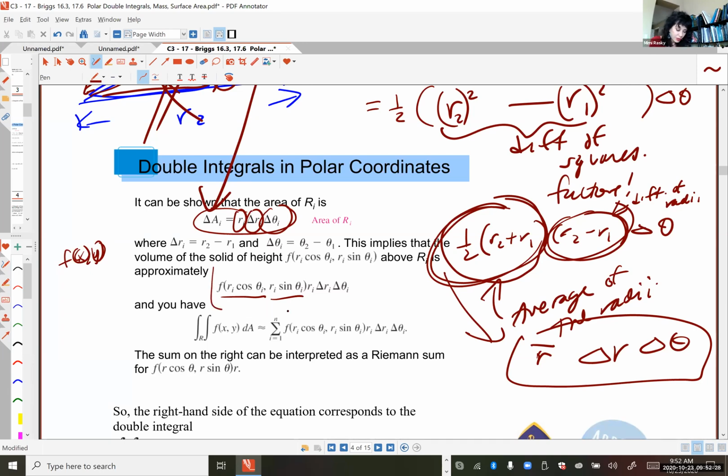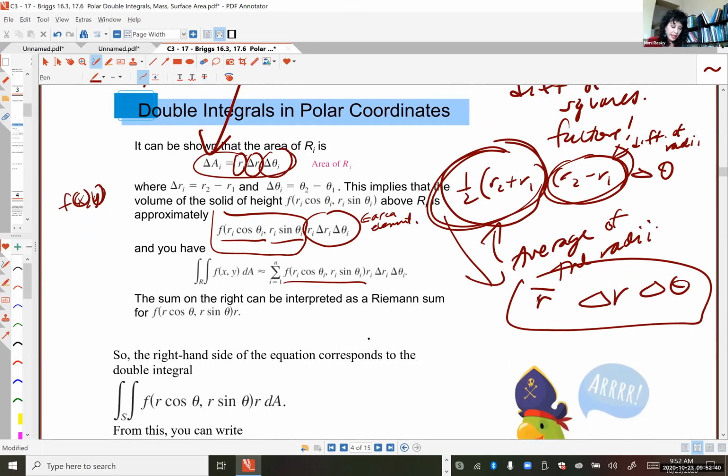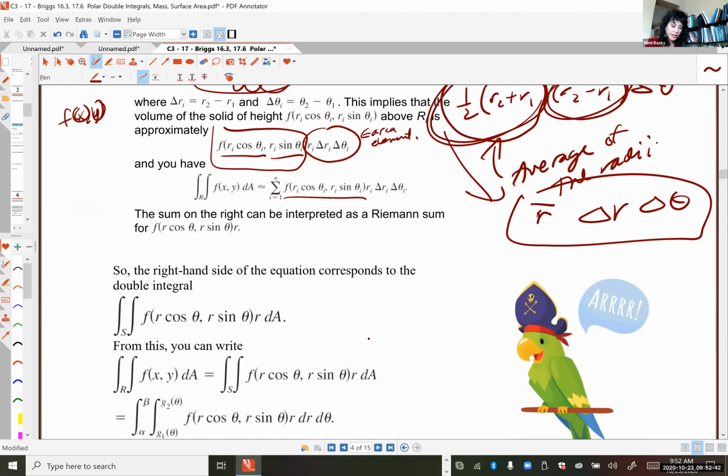So there's your capping surface, basically the height of your solid. You multiply by your delta A sub I, your area element, and put it all together. First a Riemann sum, and then you take the limit of the Riemann sum as the partition gets finer. And so your double integral looks like this.